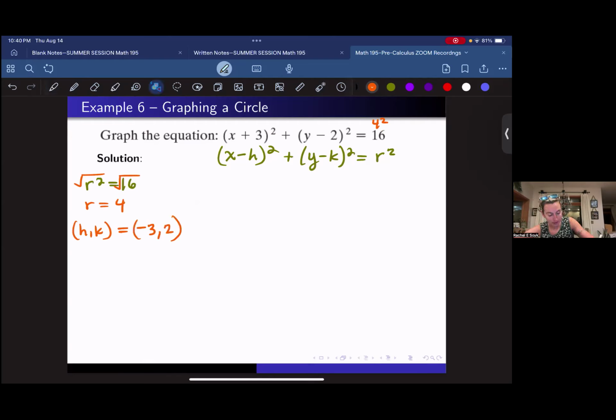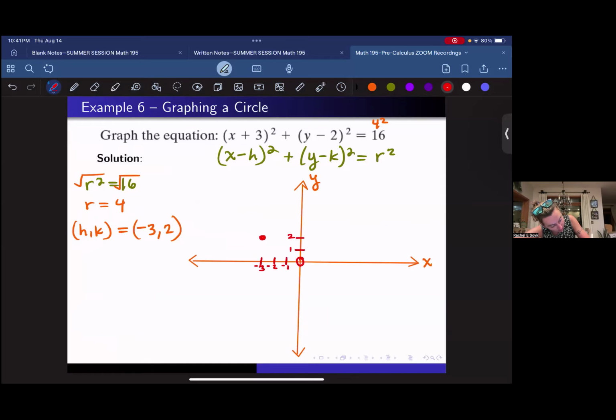So now that you have all of that, it seems like graphing a circle would be quite scary, but it's actually, I think it's easier than graphing a line. All you have to do is plot your center point. So we have 1, 2, 3, so -3, comma, +2, 1, 2.